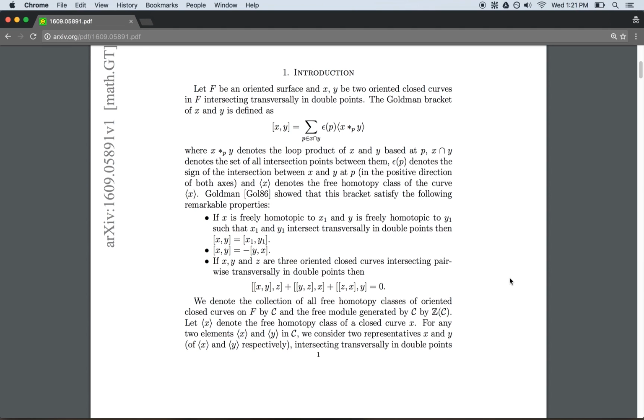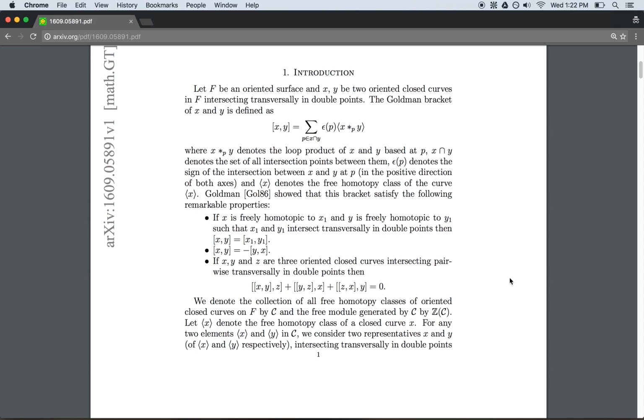Anyway, we denote the collection of all free homotopy classes of oriented closed curves on F by script C, and the free module generated by script C by blackboard Z of script C. Let angle bracket x denote the free homotopy class of a closed curve x.